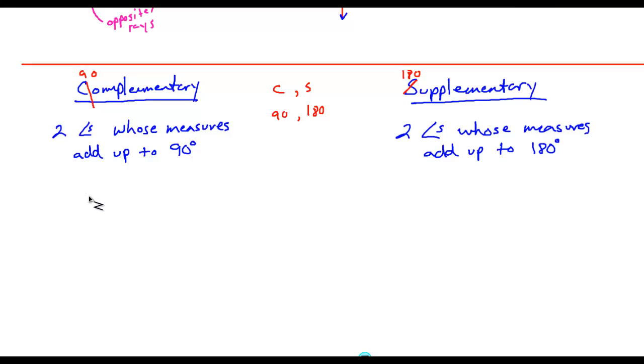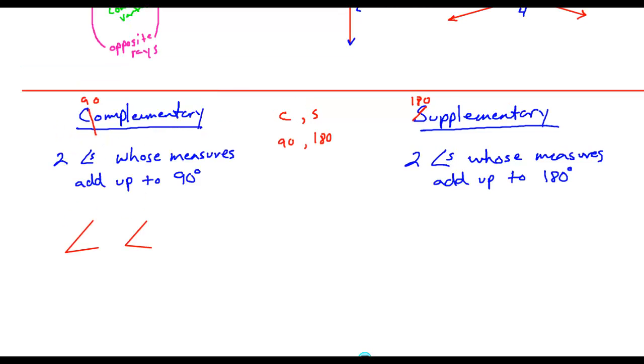A couple of examples of how you might see this kind of thing. Okay, you might have a couple of angles like this. And just real quick inside here, you might see that this one is 40 degrees. And if I told you they're complementary, that means this one has to be how much? 50 degrees, okay? And then we know that 40 plus 50 equals 90.